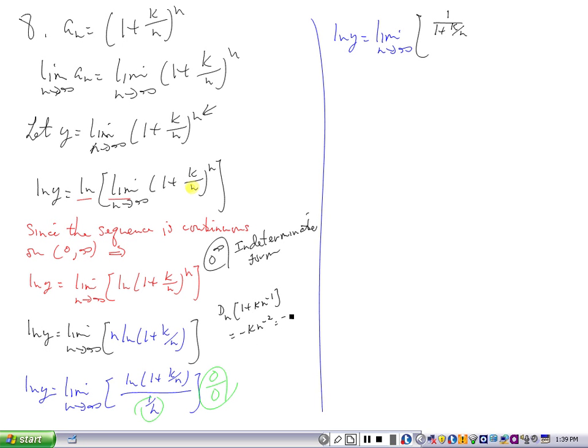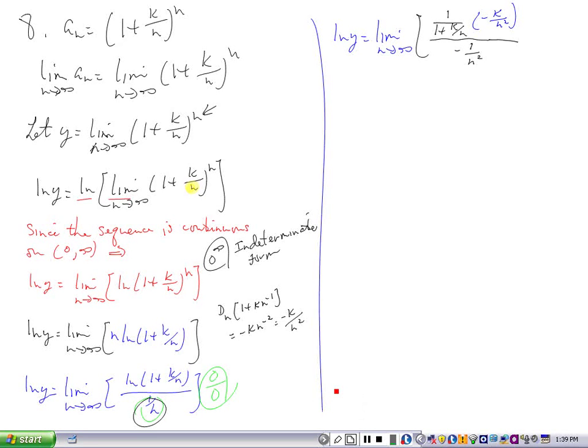So this is just negative k over n squared. That's our derivative, and this is all divided by the derivative of 1 over n. Well, the derivative of 1 over n is just negative 1 over n squared.